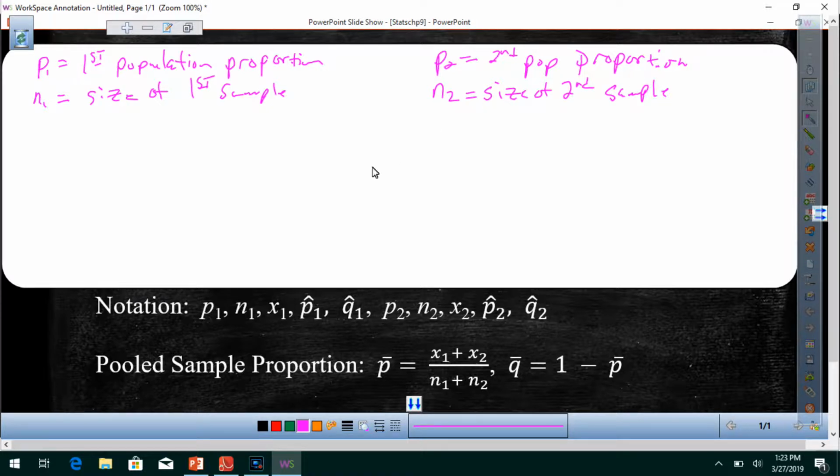All right, and let's see, X sub 1, and that's the number of successes of the first sample.